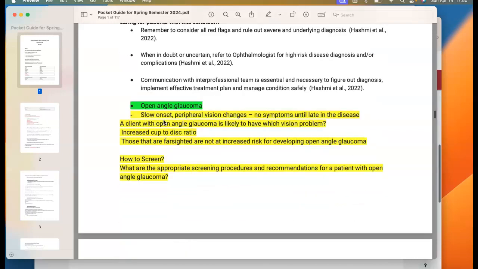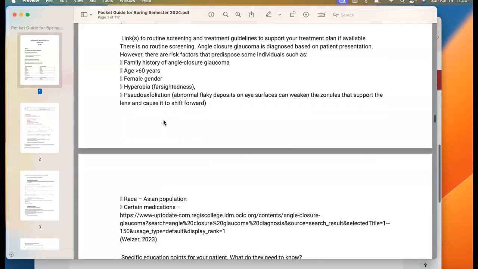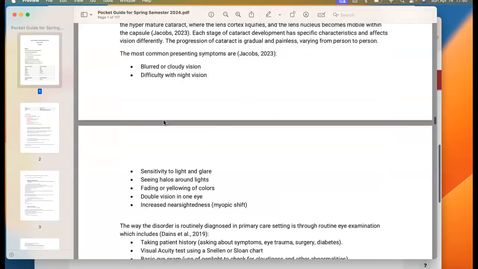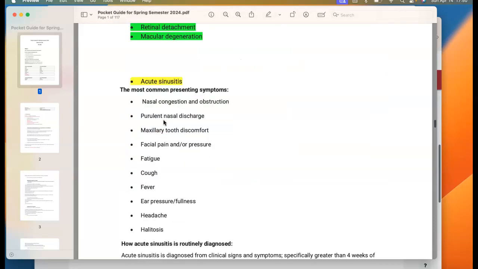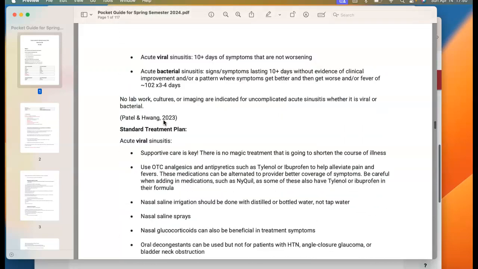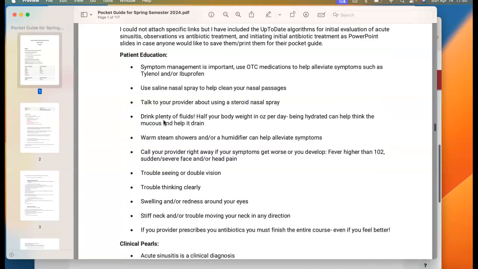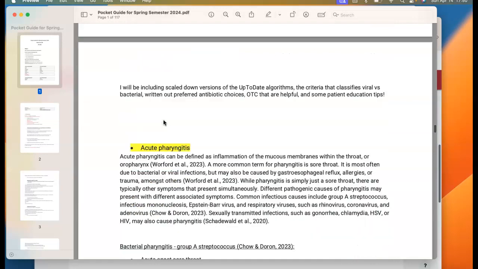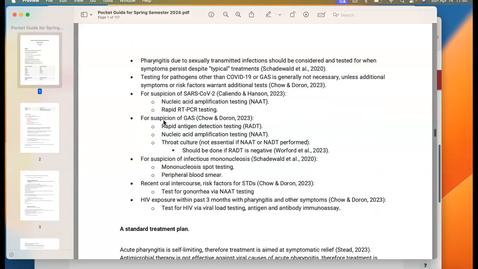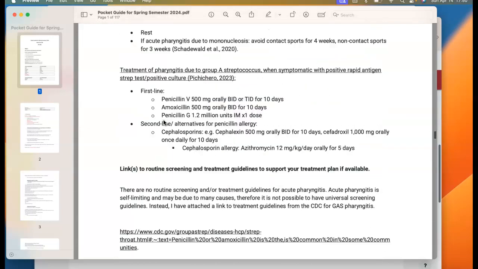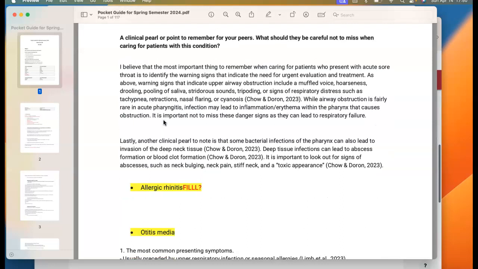Clinical pearls, open angle glaucoma, cataracts, acute sinusitis, bacterial sinusitis, pharyngitis, education points.